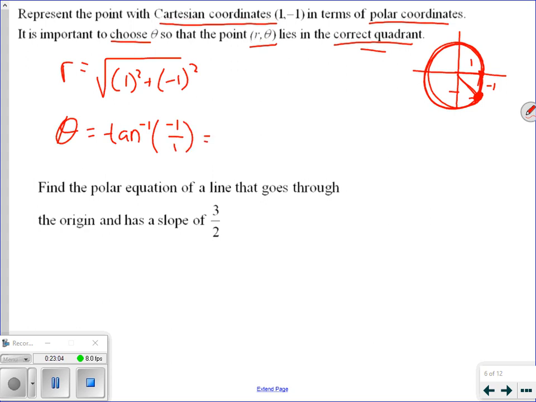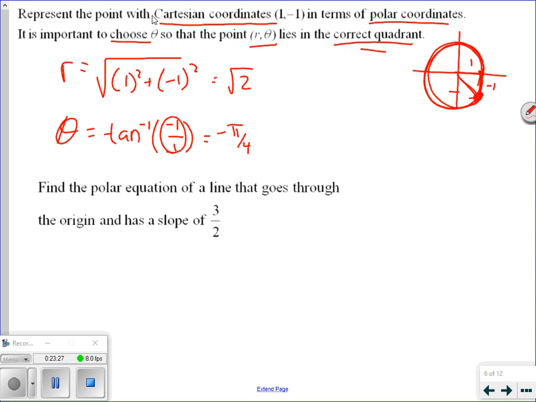For the r value, it's going to be the square root of 2. And for the tan inverse of -1, you can type this in the calculator, but this is an exact value that you should know. Tan inverse of -1 is -π/4.